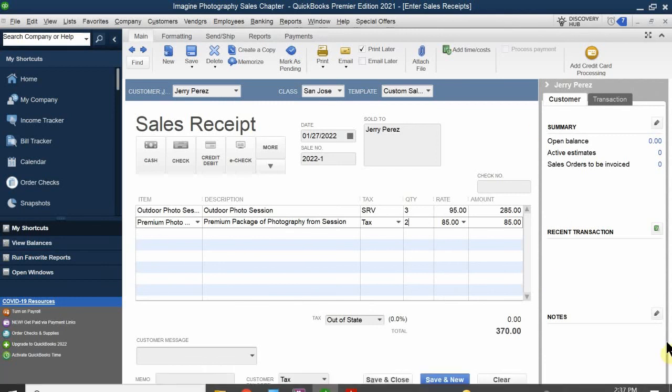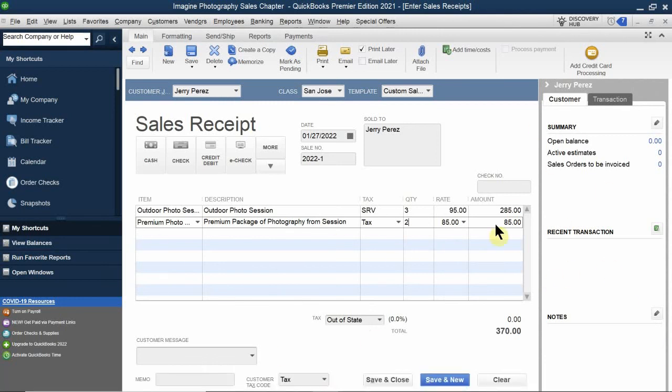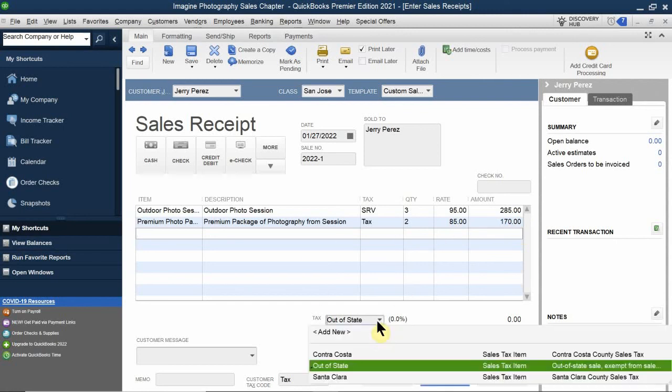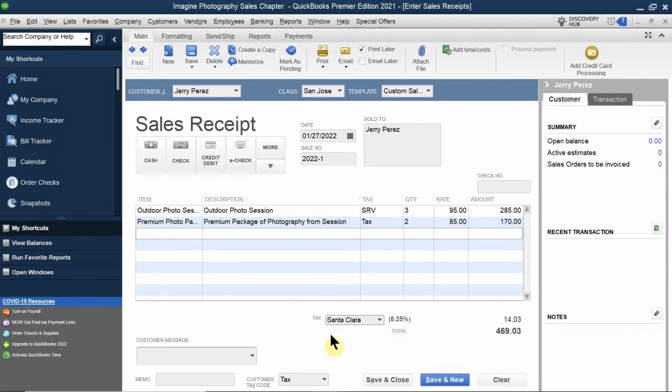So when I put the 2 here, it's going to cost $85 per premium package. So in this case, it's going to give me a total of $170. And look at this. When I go down below, since he's from San Jose, he's going to be taxed at Santa Clara, which is 8.25%.